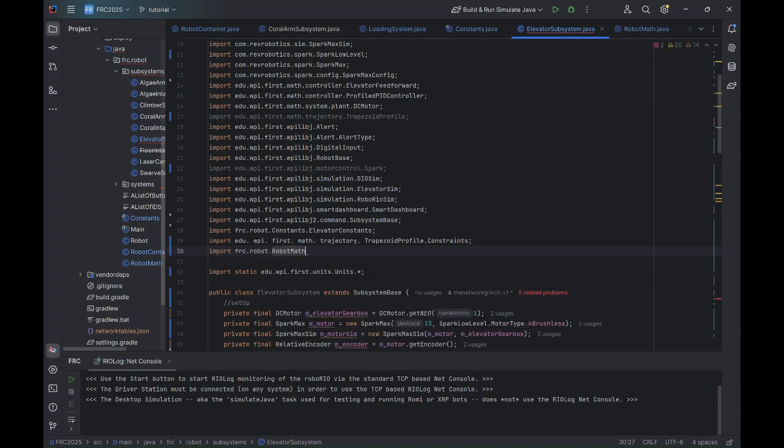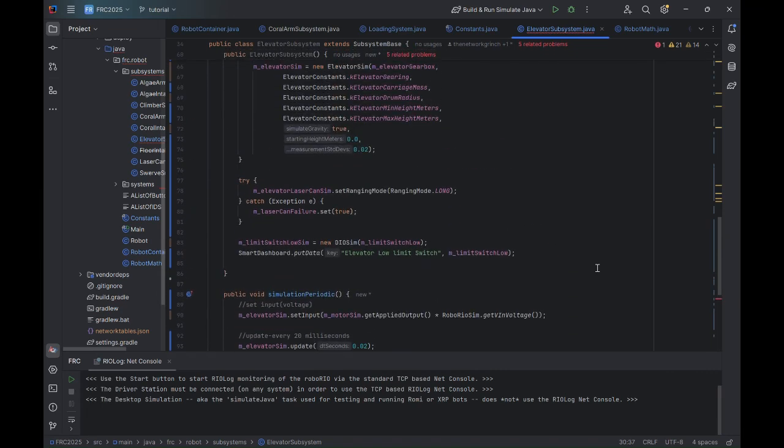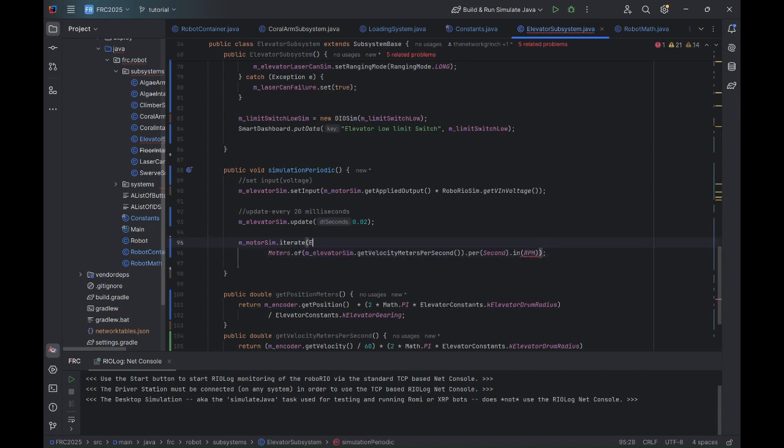Robot math, and elevator. So I'll just put it here. Elevator, and we should use distance to rotations. And that's what we wanted to put, meters to here.